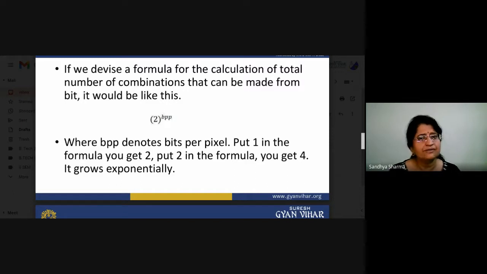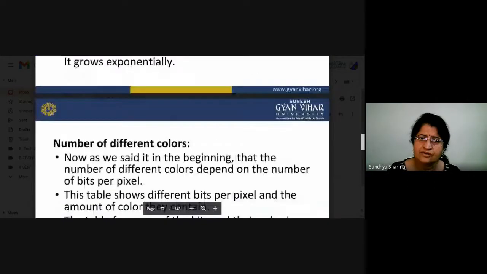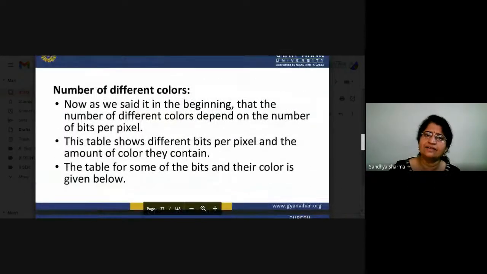With BPP of 1, 2, 3 you get 2 to the power 1, 2 to the power 2, 2 to the power 3, and accordingly we get the different levels.